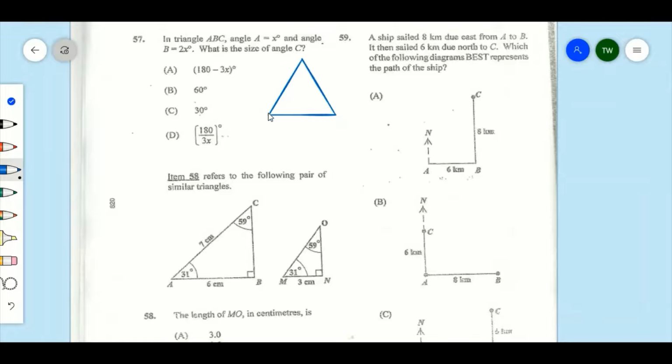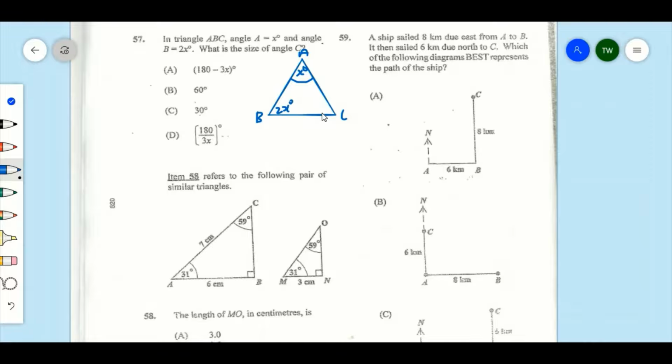Let's say A is here, so angle A is x degrees. And let's say B is here, and that's 2x degrees. And let's say angle C is here. Now they want us to determine what angle C would be.